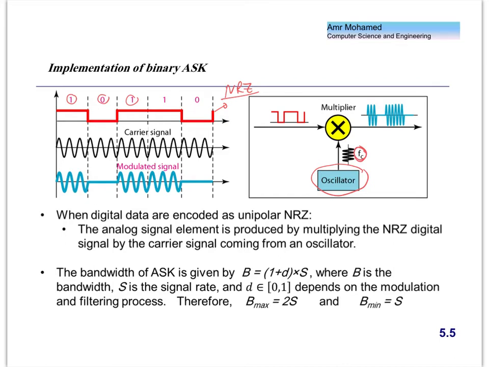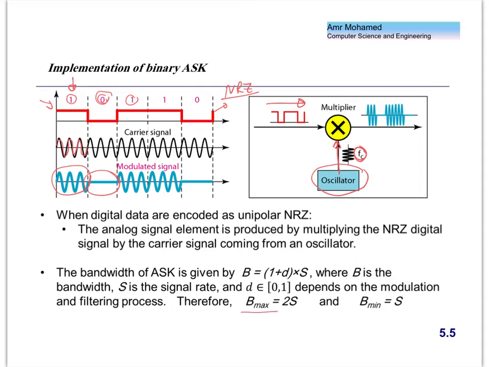And all we need to do is just multiply the sine wave with the non-return to zero digital signal. So at the 1 bit, the sine wave will be on, and at the 0 bit, the sine wave will be off. That's it. It's very, very simple. So that's what we do for on-off keying in terms of implementation.